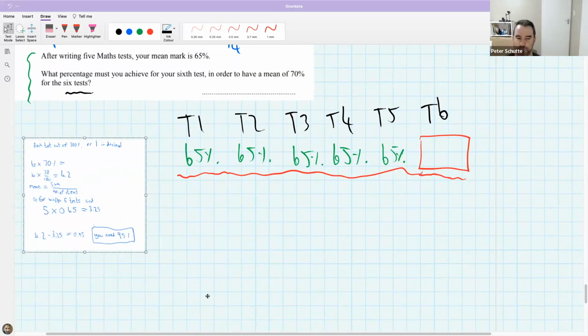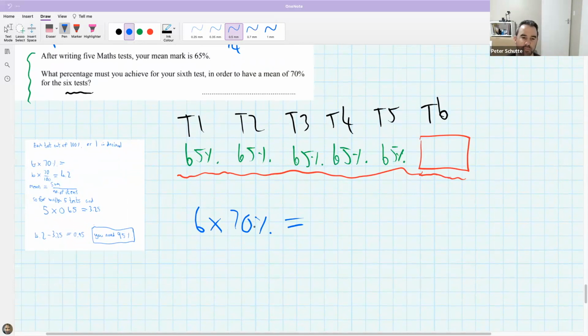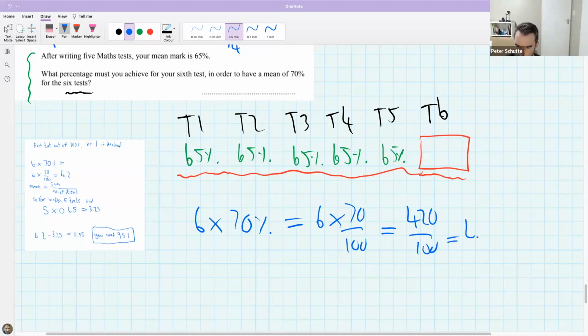So what you could say is that you need to get, so 6 times, you need to have an average of 70%. And if you think of what 70% is, 70% is just going to be 70 over 100, which is going to be 420 over 100 or 4.2.